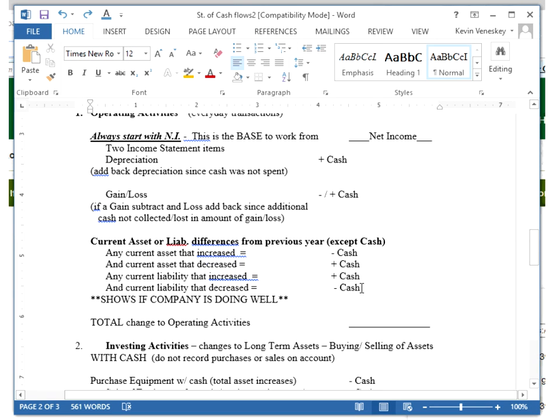And then just the opposite, any current liabilities that go down, say your note payable went from $40,000 down to $30,000. Well, 95% of the time, the reason why it went down is because you made a payment. If you made a payment, you spent cash, and you need to show that cash has been decreased.